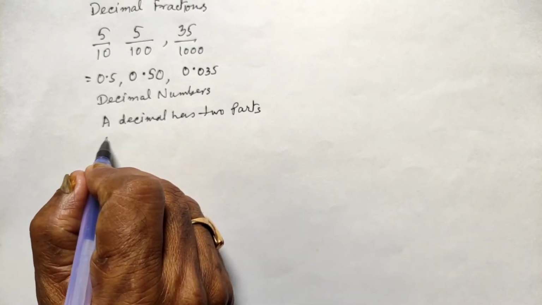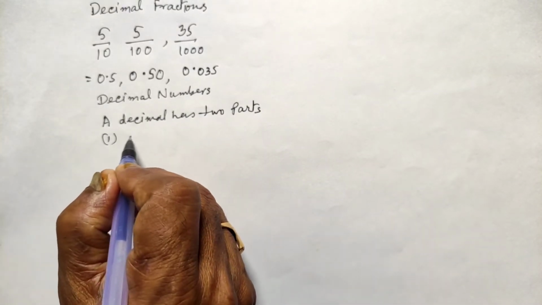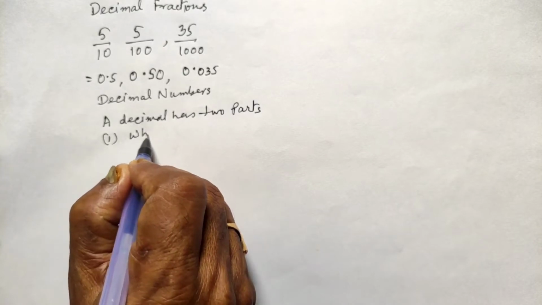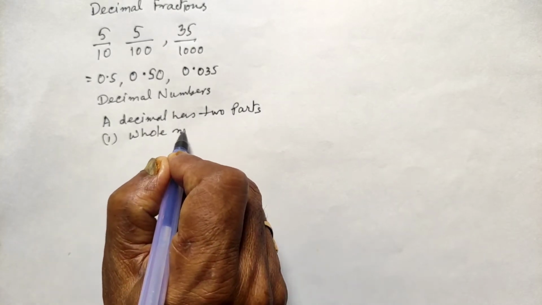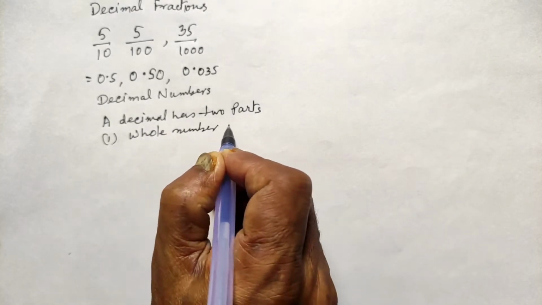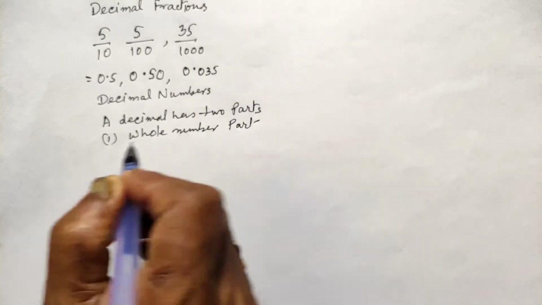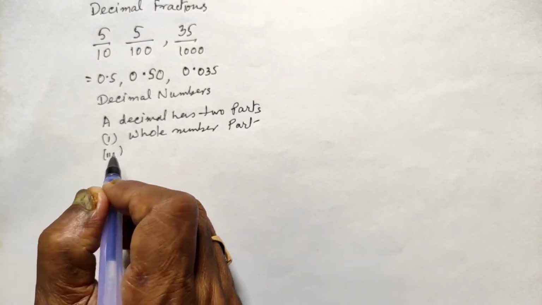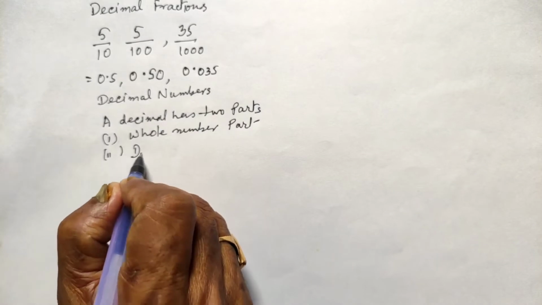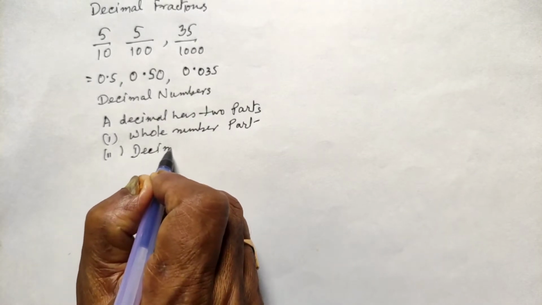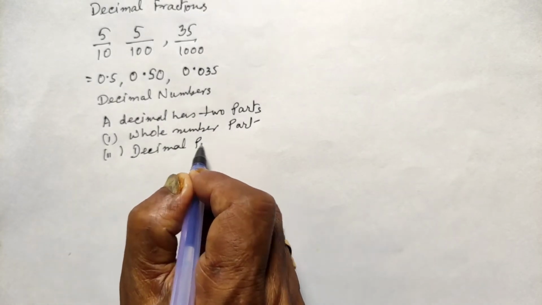Number one is the whole number part, another one is the decimal part.